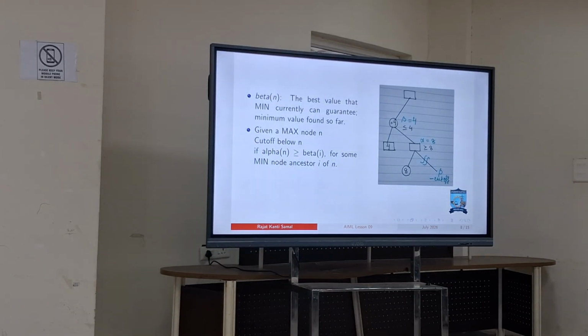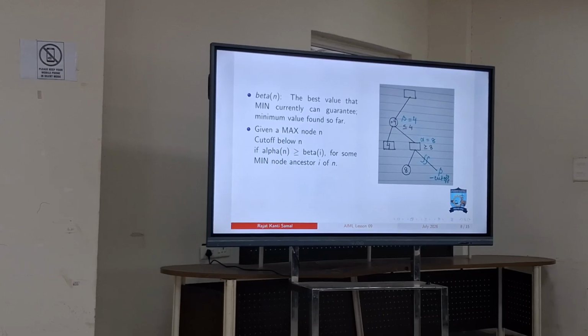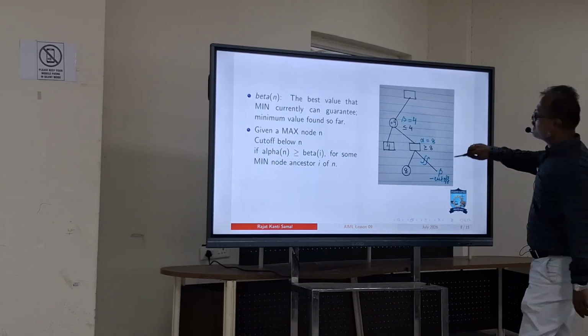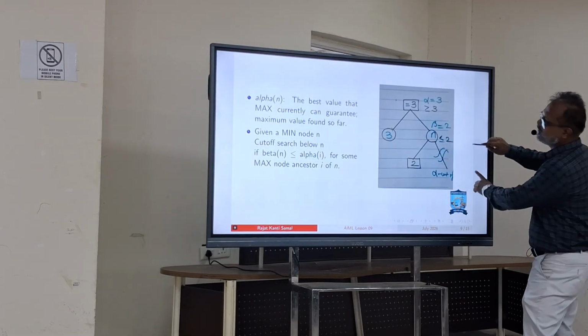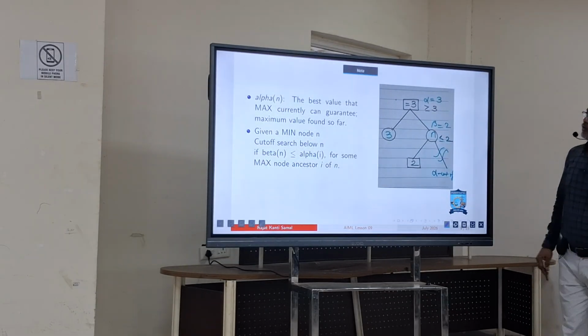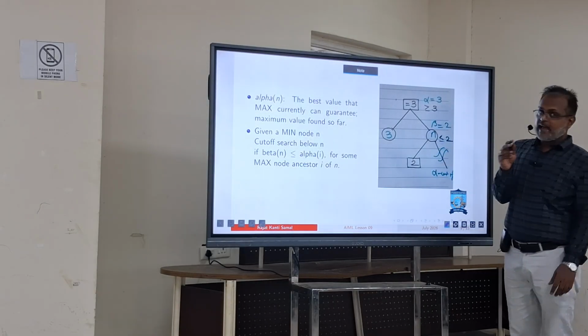So, what is the philosophy? The philosophy is that in the Minimax game, for example, in chess we see that certain moves you need not take at all, because that is not going to affect our final outcome. Similarly, what is alpha cutoff? So alpha cutoff, if you see here, what is beta?